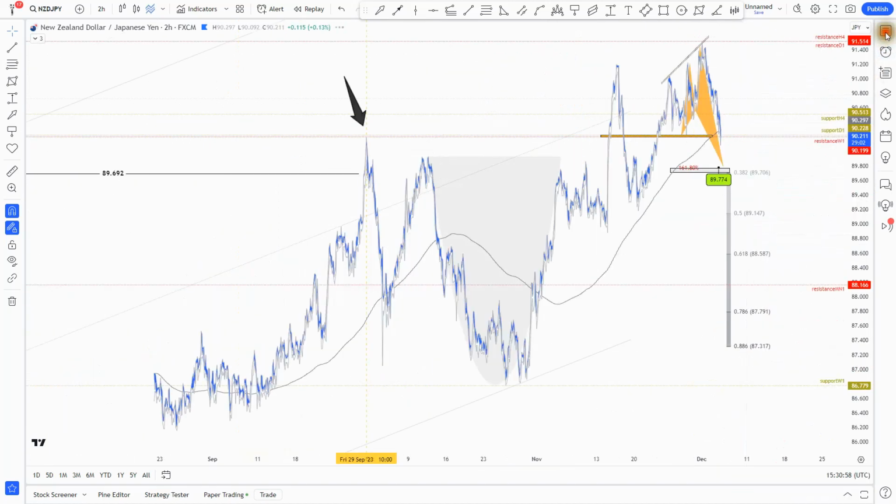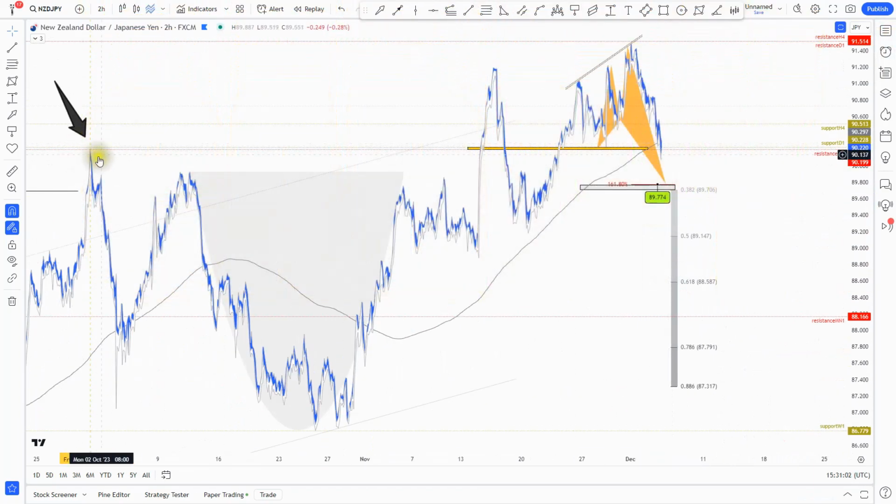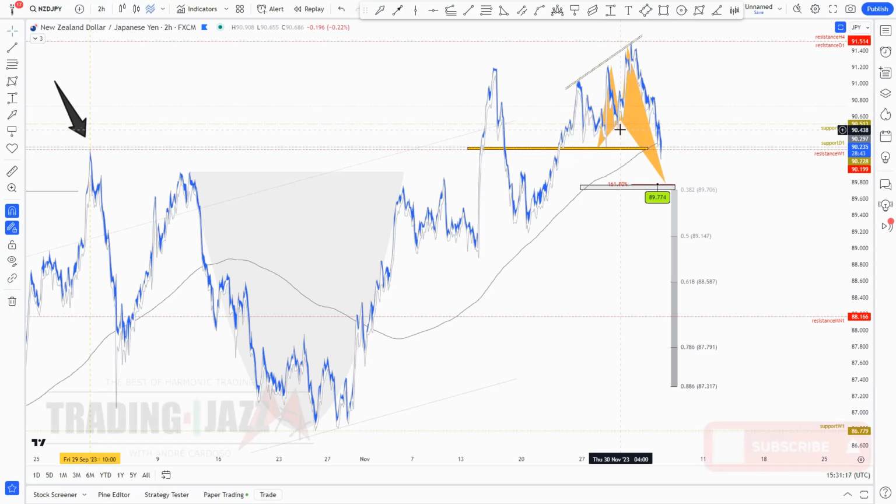The New Zealand versus the Japanese yen is now threatening the previous support and previous weekly fractal resistance. In fact, as I said yesterday on my previous video, we were facing what we may call a 3 drives pattern formation. I was expecting a violation of these lows in 90.43.